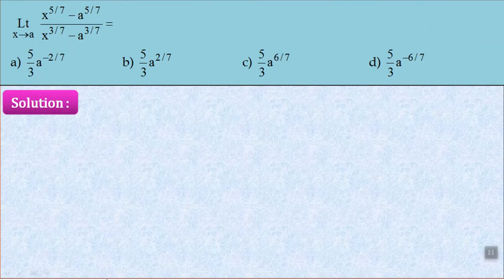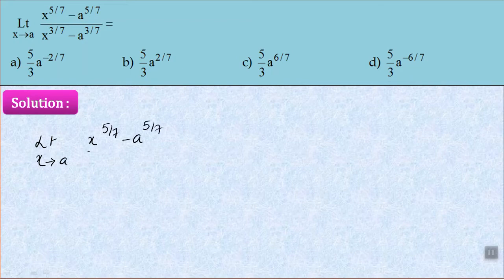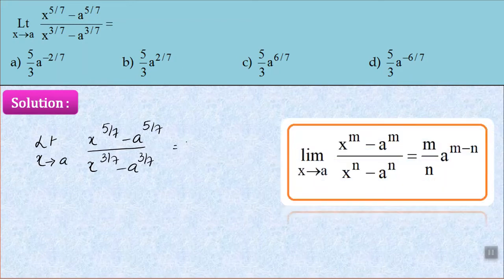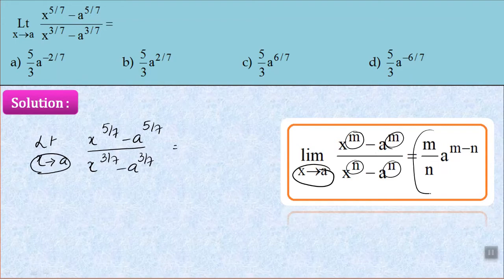Dear students, here the given question is limit x tends to a x power 5 by 7 minus a power 5 by 7 divided by x power 3 by 7 minus a power 3 by 7 is equals to, dear students, here applying the shortcut formula for this, limit x tends to a x power m minus a power m divided by x power n minus a power n is equals to m by n into a power m minus n.